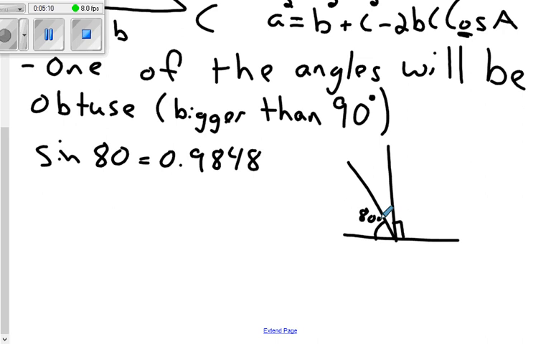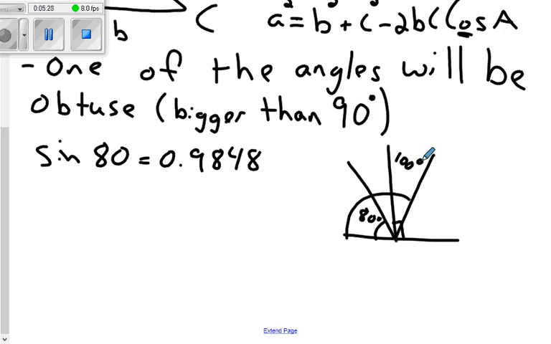Now let's go the opposite direction, and let's go 10 degrees greater than 90. So that's going to make my angle what? 100, right? Let's look at 10 degrees more than 90.